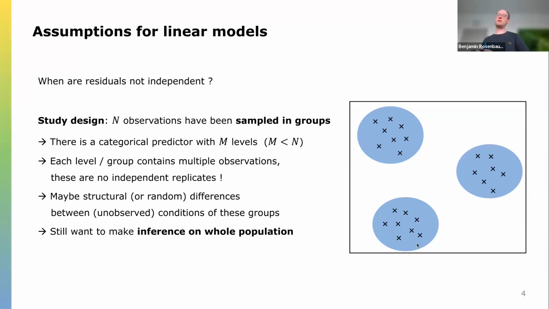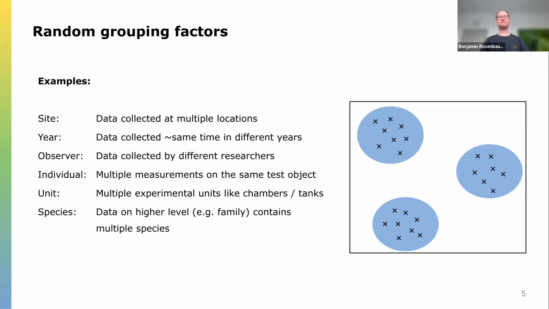They might be influenced by some collective property of this location. So there might be structural or unobserved conditions in these groups, but we still want to make inference on the whole population. So what can we do here?